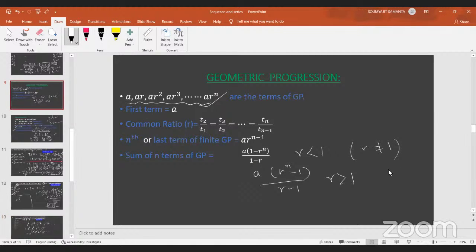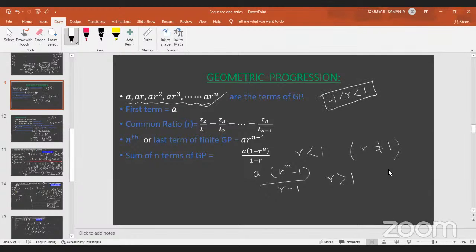See, sum of an infinite GP only exists if the common ratio R of the GP is lying between 1 and minus 1.